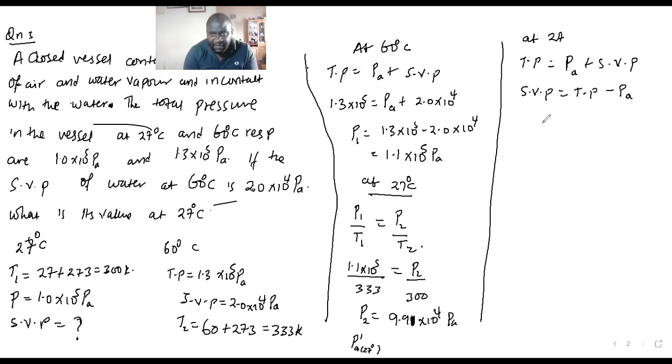So when you come here, we shall have total pressure at 27 was 1.0 times 10 to the power 5 minus 9.91 times 10 to the power 4.